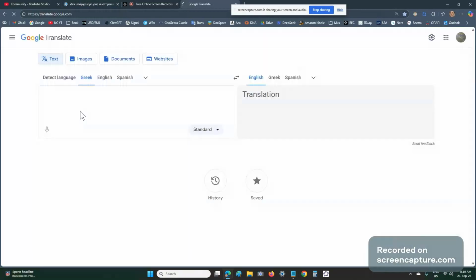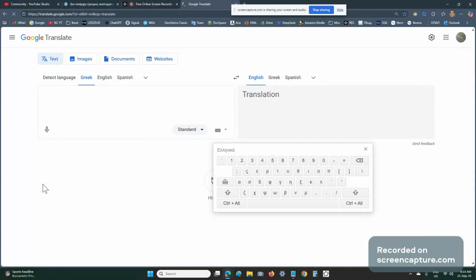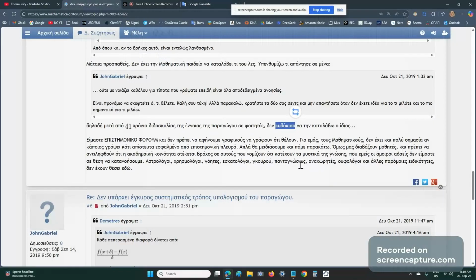Evdokisa? I wasn't blessed, I think it means. Maybe he spelled it wrong. Oh dear, a math professor spelled this word wrong.